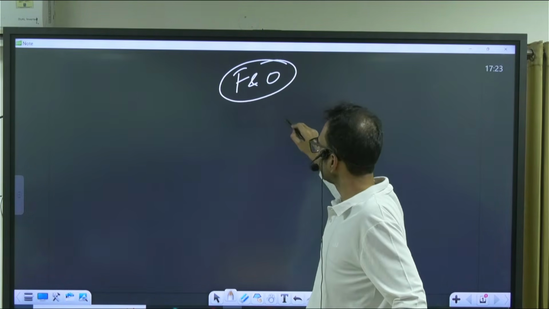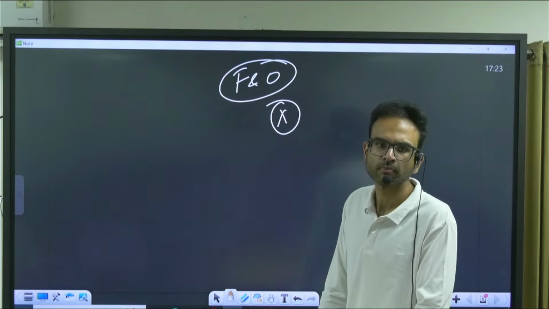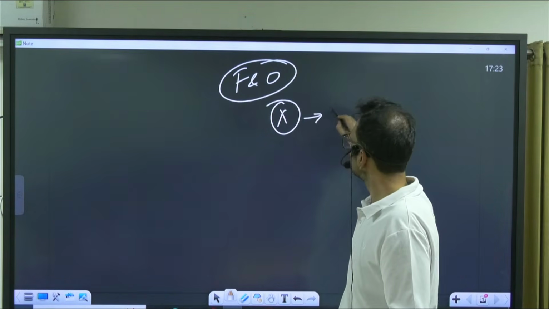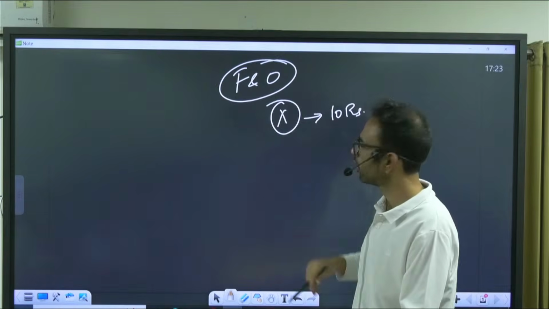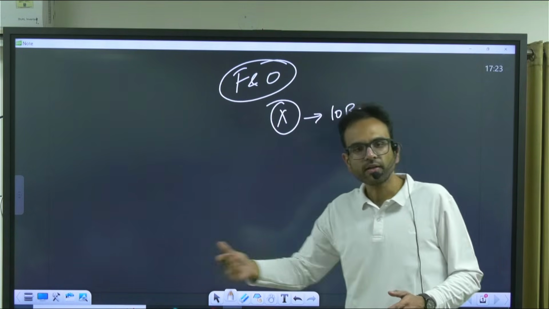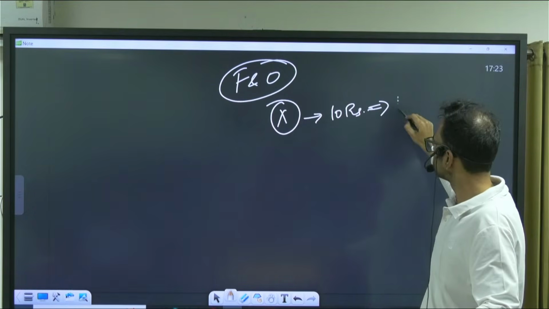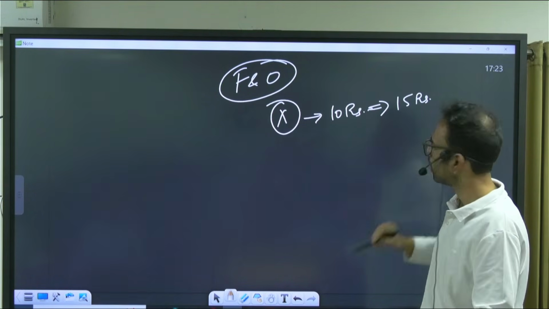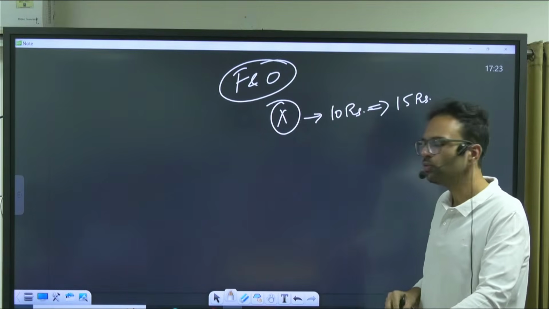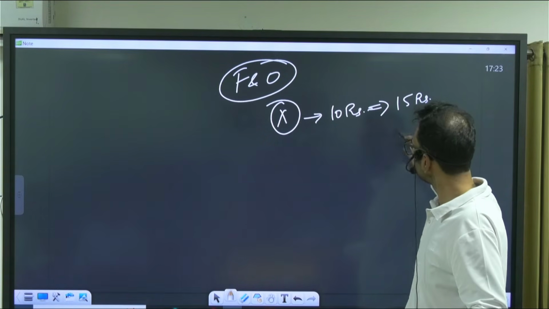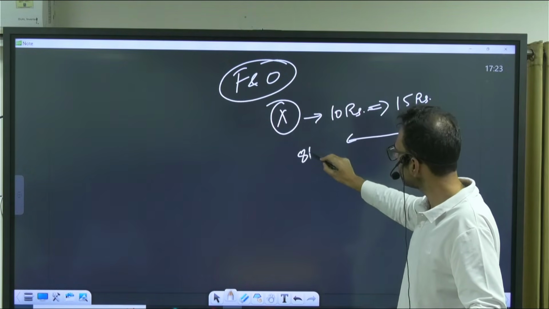Let's say, for example, a commodity X. It is going to cost 10 rupees today. At a future point, you are thinking that it will cost you 15 rupees. There is one more person who says that no, it will not cost 15 rupees, it will actually fall down to 8 rupees.